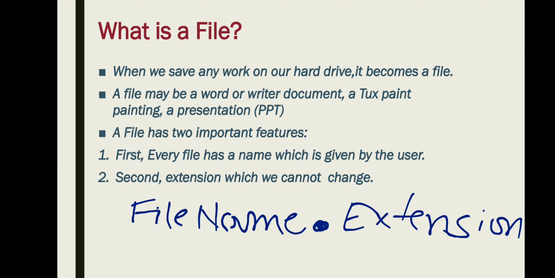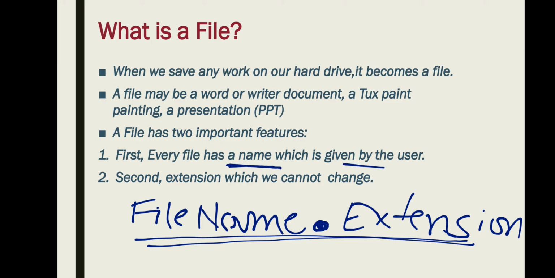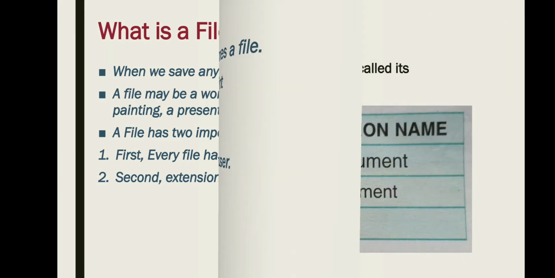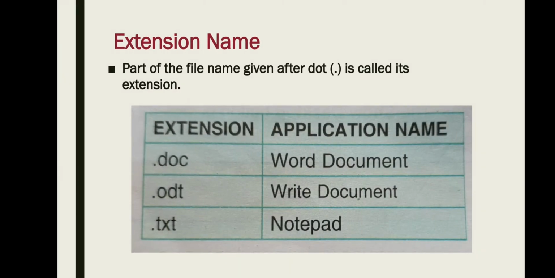So every file is given its name like this. It has two parts. One is the name which is given by the user, and second is the extension which we cannot change. The part of the file given after the dot is called the extension.